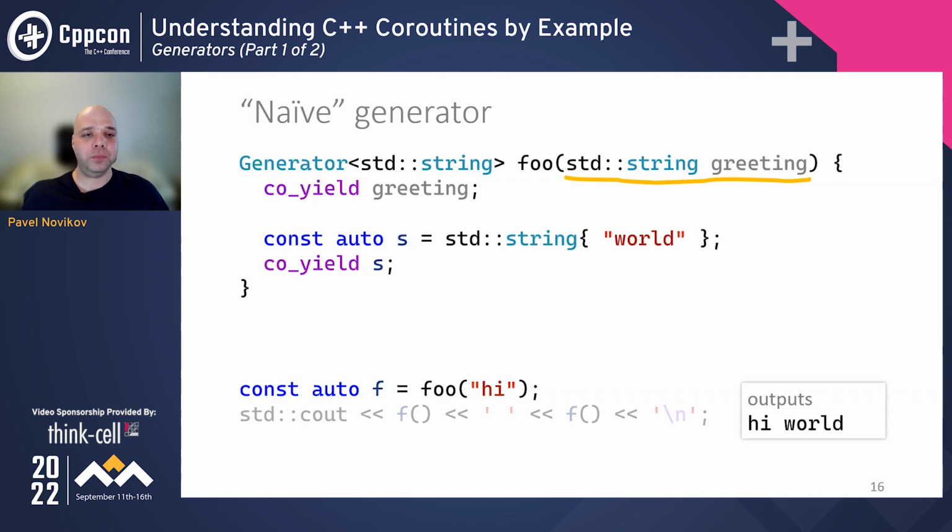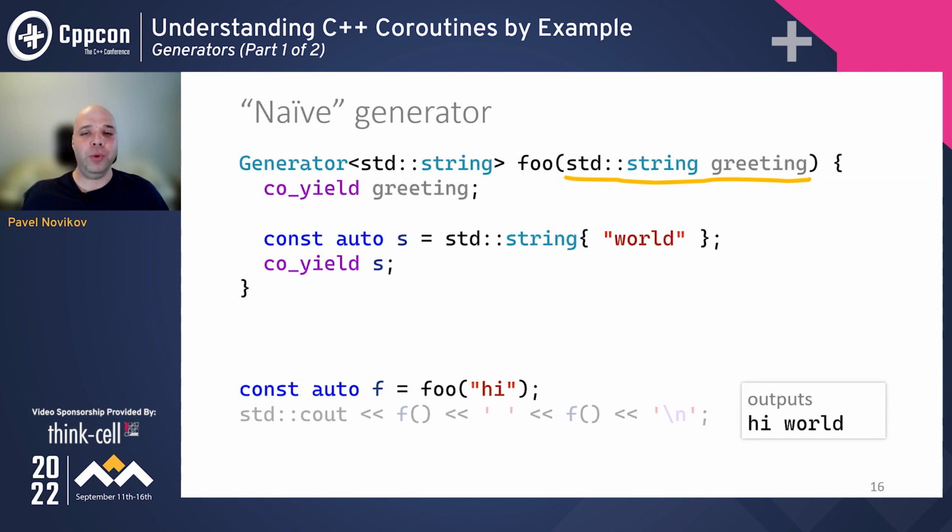And everything I said that concerns local variables applies to parameters, because parameters are just local variables which are initialized outside the body of the function. This is the only difference.